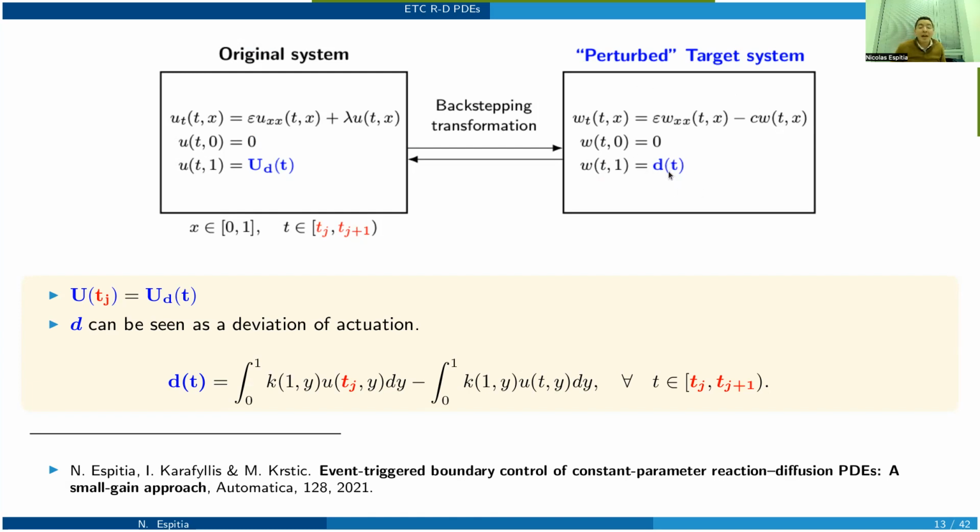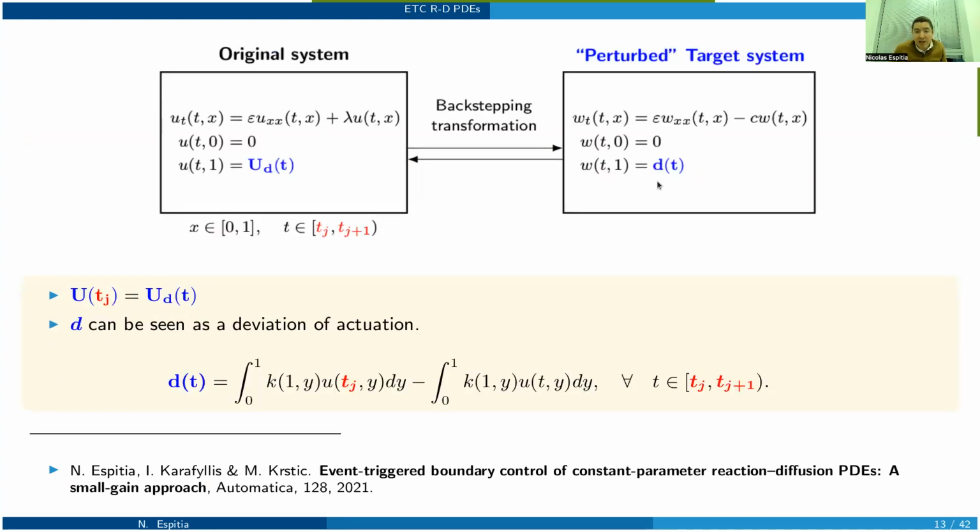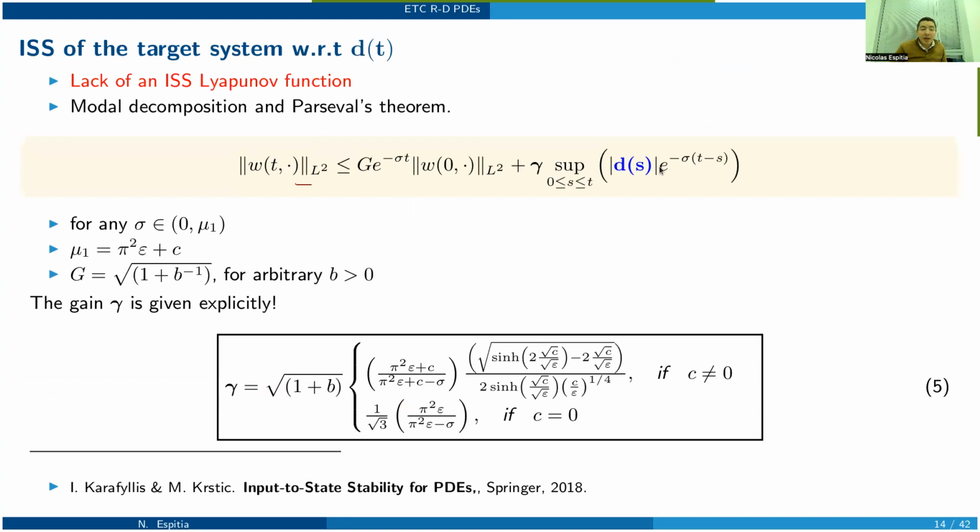So we look for the ISS property with respect to d. This target system with Dirichlet boundary condition and a perturbation at the boundary is ISS with respect to d.